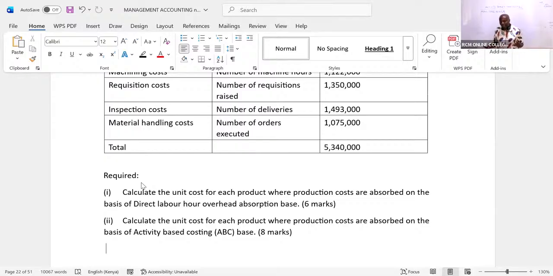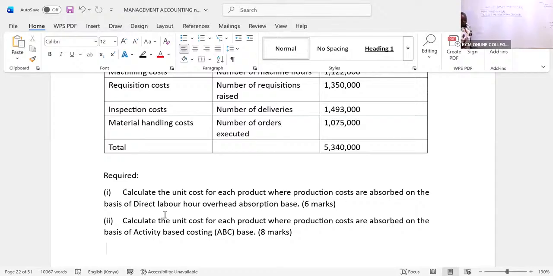We analyze the factors. So cost driver analysis, or analysis of cost drivers. Mention there analysis of cost drivers, or in brackets here, factors.